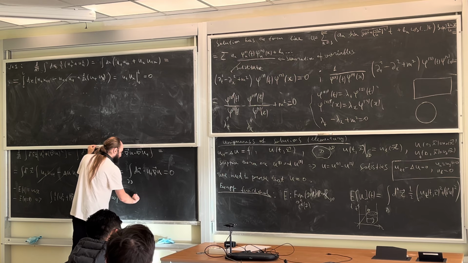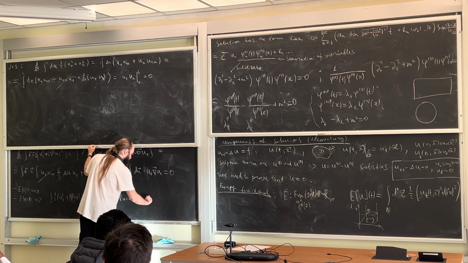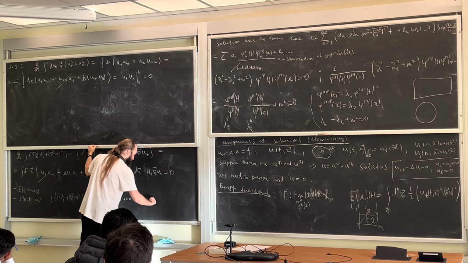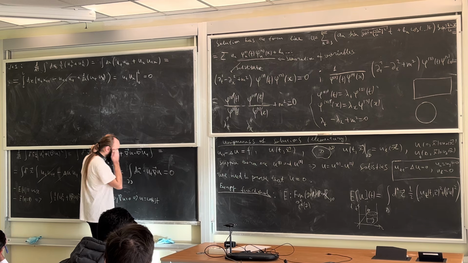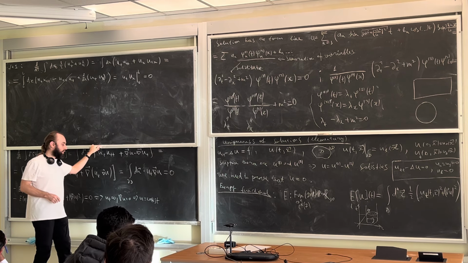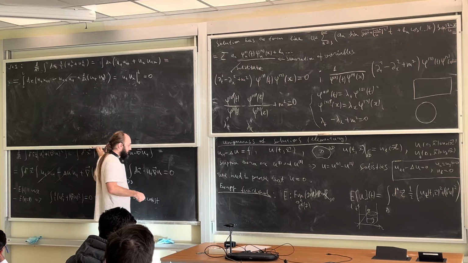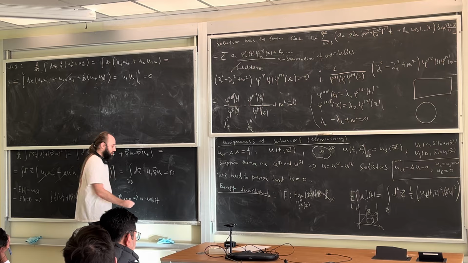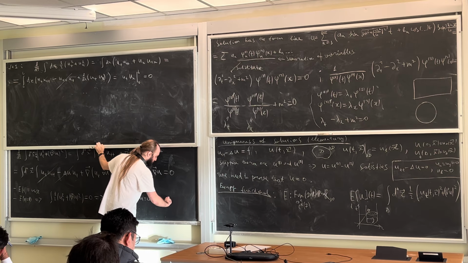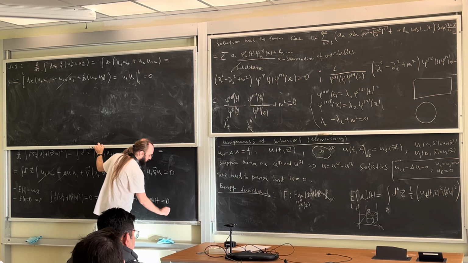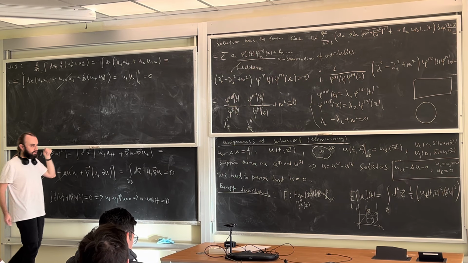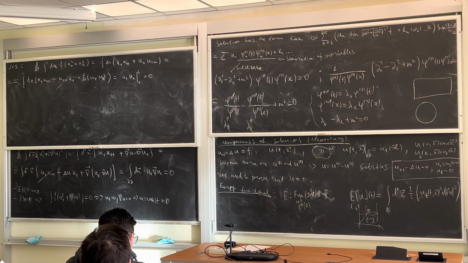So u is constant. And since we have initial conditions that equal 0, this constant is 0. So that's all. End of proof.